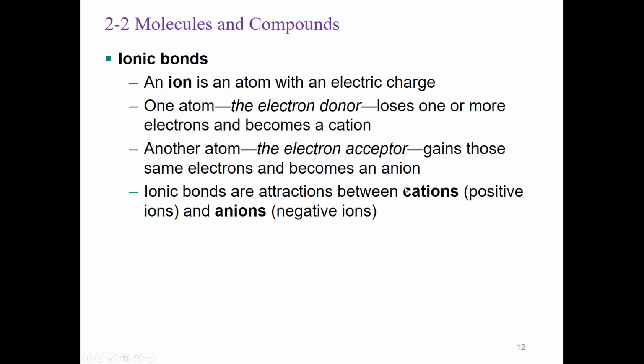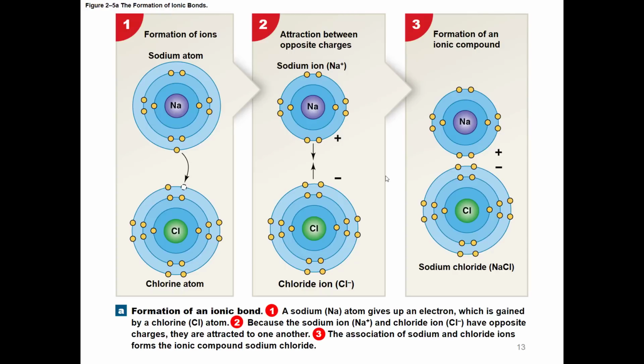A way you can remember that is there's an N in anion, and N makes us think of the word negative. So this atom is going to have a negative charge. Ionic bonds, again, are defined as attractions between the cation, which is the positive ion, and an anion, which is our negative ion. So let's take a look at a picture or figure from a book on this.